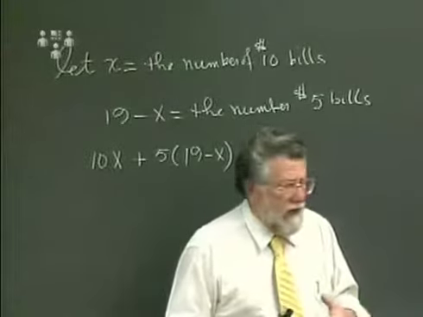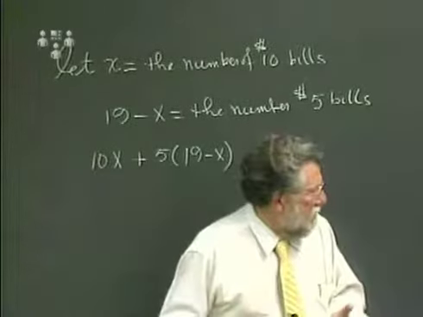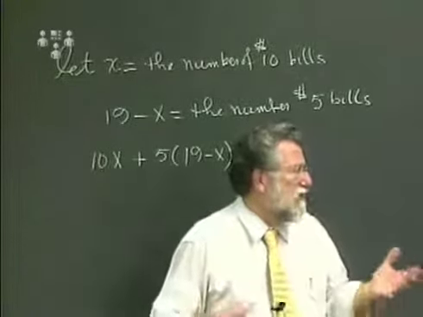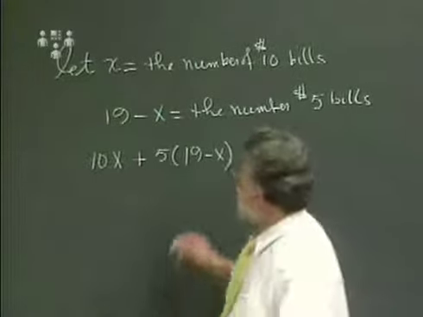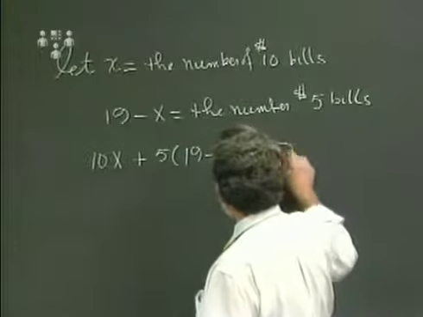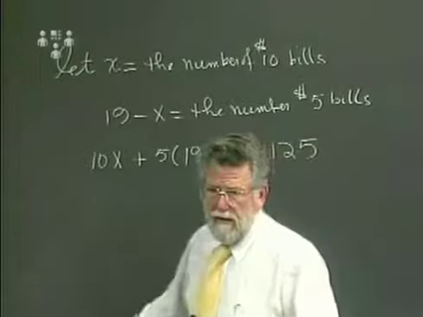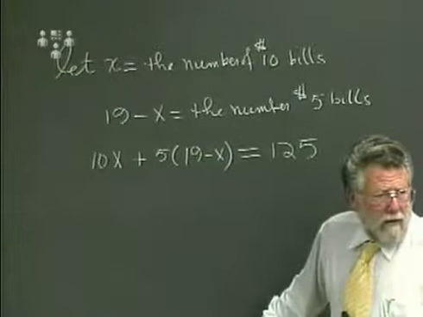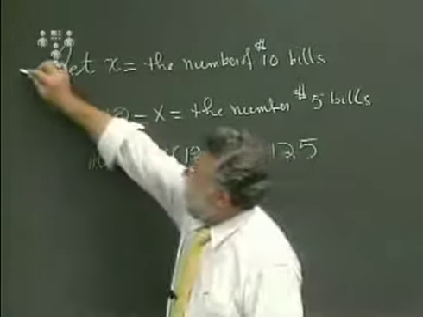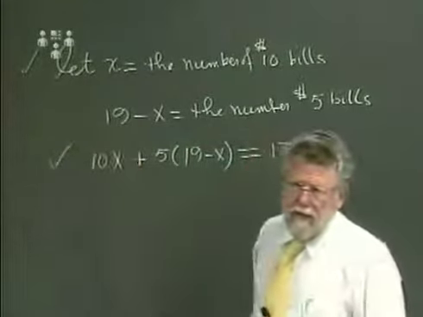If I had 8, I multiply 8 times 5. Well, I have 19 minus x $5 bills, so I multiply that by 5 to find the value. And all total, this has to be $125. And that's how I get my equation. So this is a critical step. This is your next critical step, and that gets you major credit.